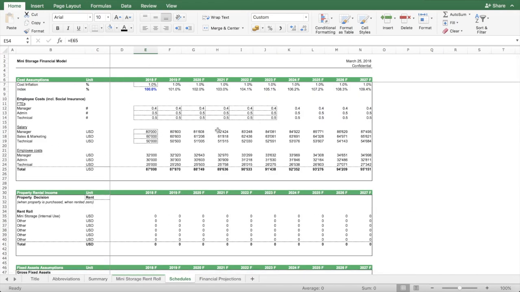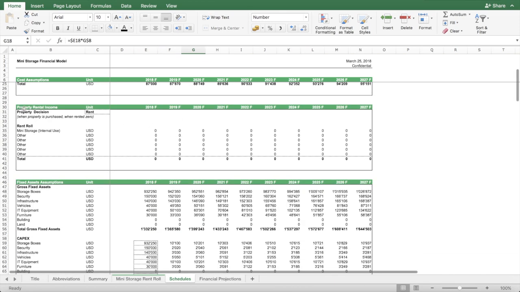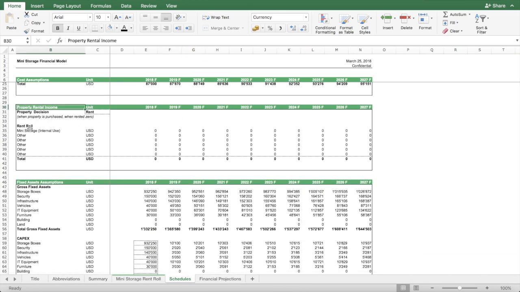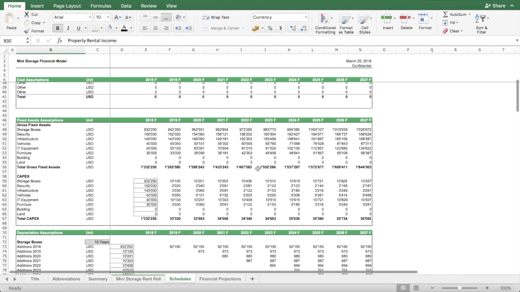You have schedules for your employee costs. If you are a property owner, as I showed you before, you also have income from other spaces. This would be listed here. You have then the fixed asset schedules.